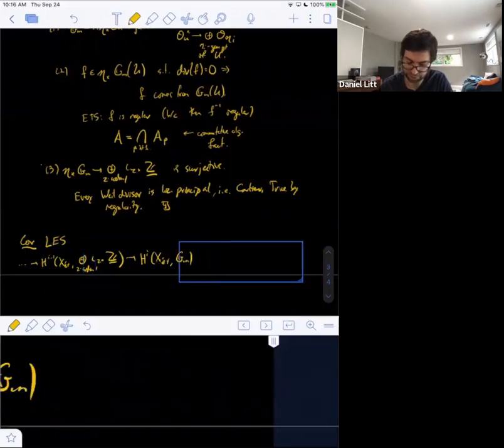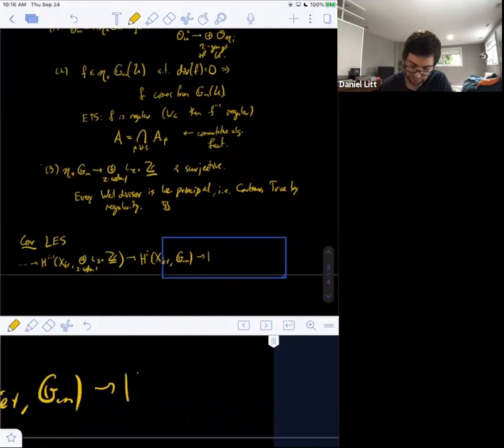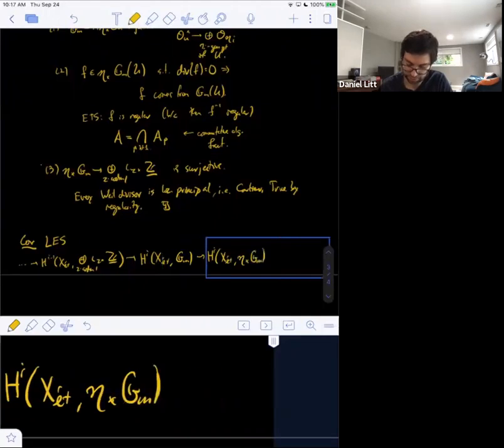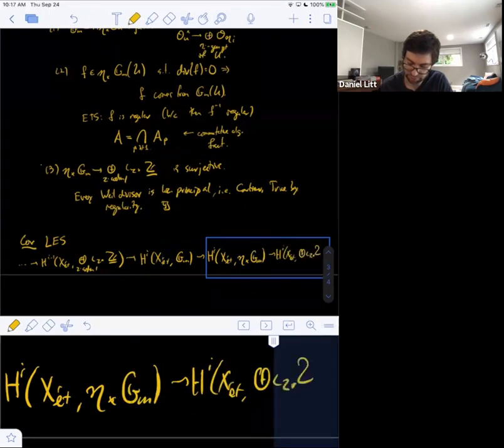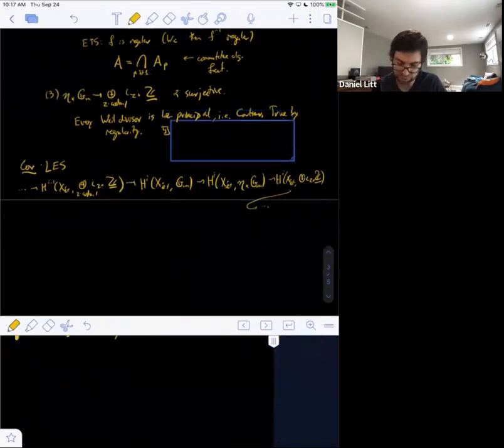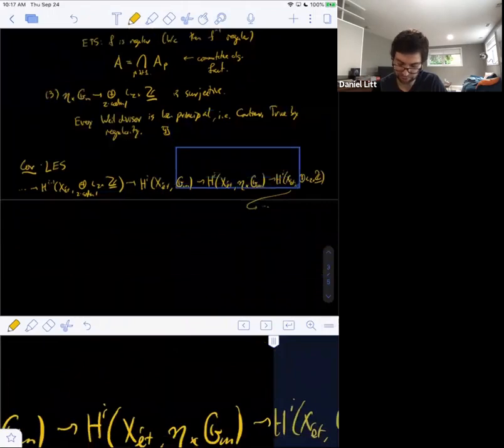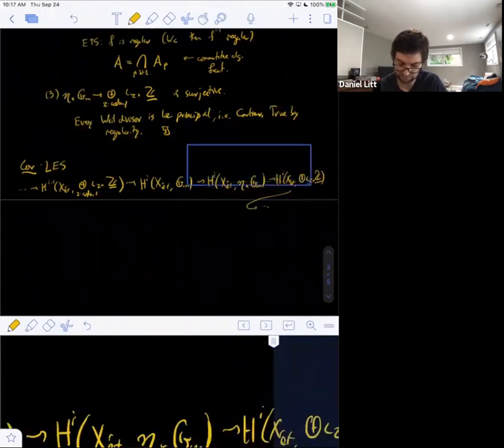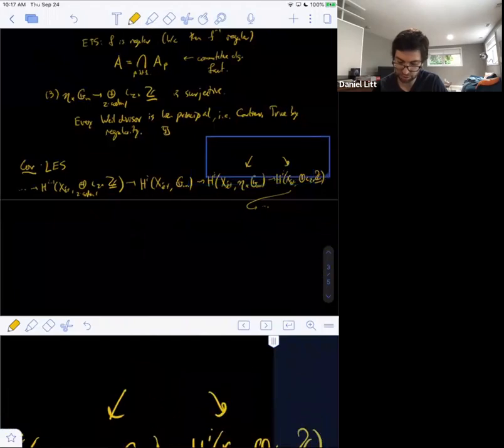So this is the thing we've been trying to compute. This goes to H^i of X Etale with coefficients in eta lower star of GM. And then finally to H^i of X Etale with coefficients in this divisor sheaf again. And then it keeps going. Okay, so now what's the point? The point is that these sheaves here, we can compute with the Leray spectral sequence.